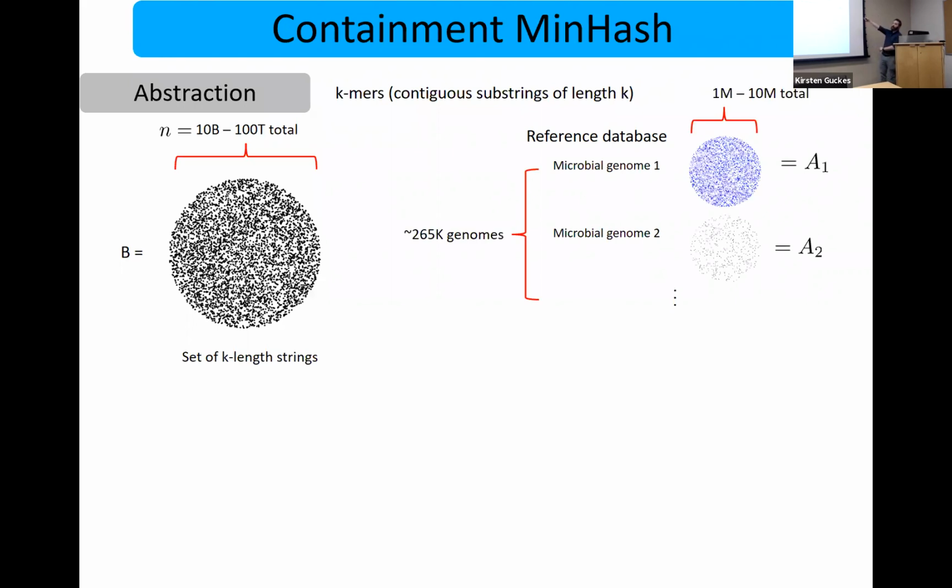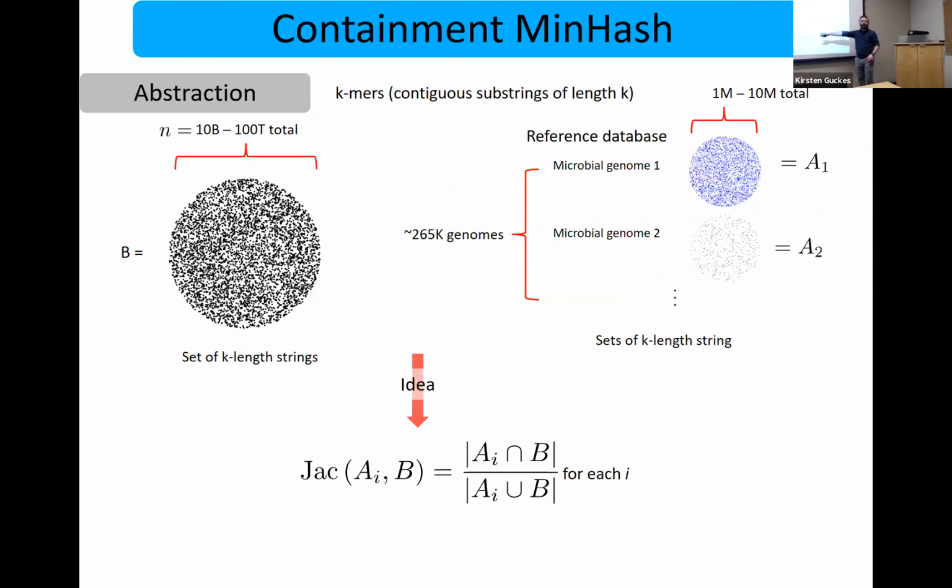These sets over here are smaller, right? Because instead of talking about millions and billions of reads and all the k-mers in those, you just have a single genome, and you're counting the k-mers there. So we've got a big set of k-mers, and small sets of k-mers here. Then, instead of computing zeros and ones, the presence and absence of these, we could introduce a metric like the Jaccard index to measure the similarities between these sets.